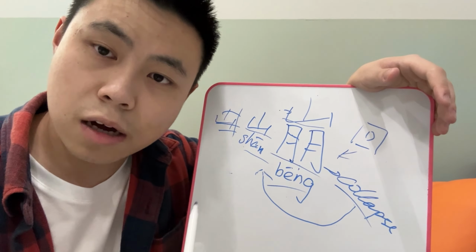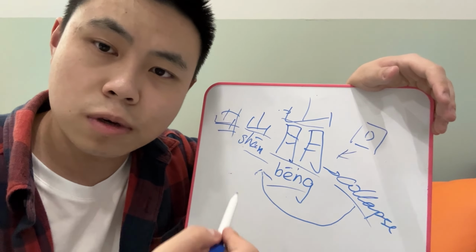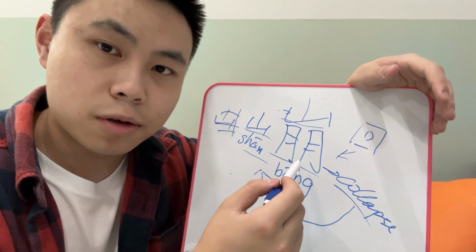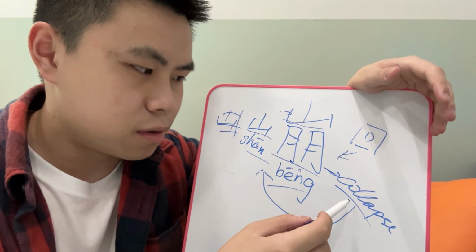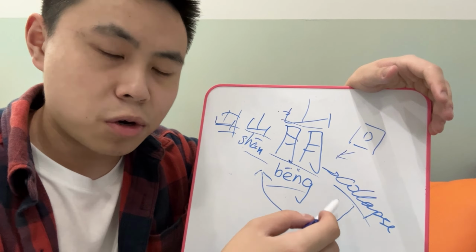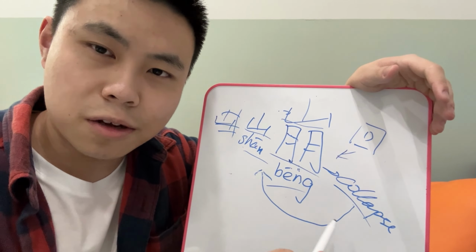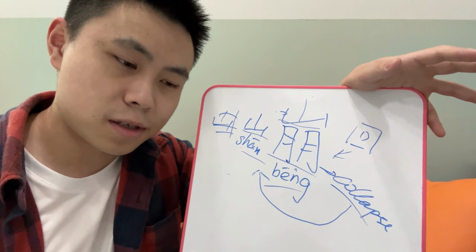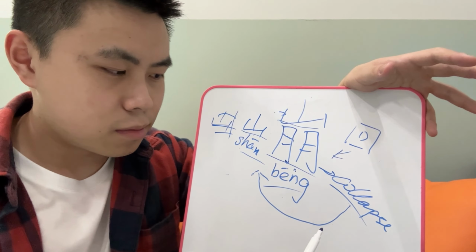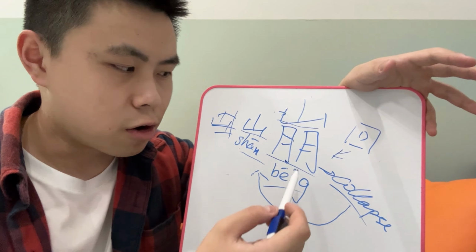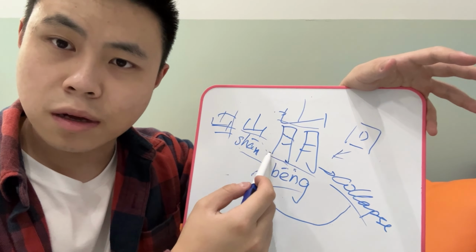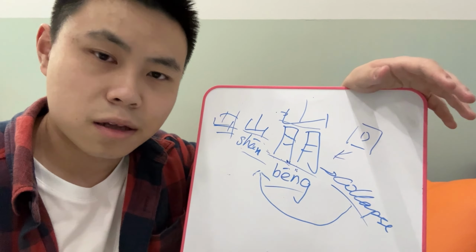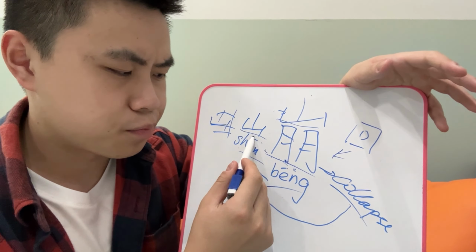So now it's time for you to memorize this character, right? You can't just learn it once and learn it twice, learn the third time, learn the fourth time, right? You've got to remember this. And I would recommend you use an anchor term like this. It will be an anchor term.